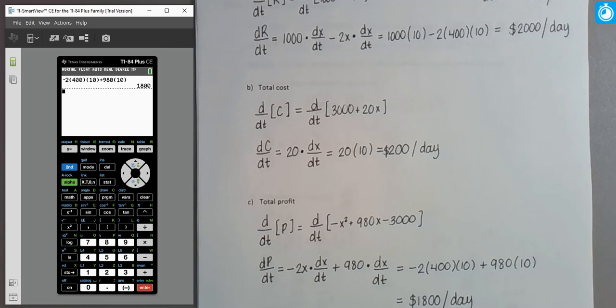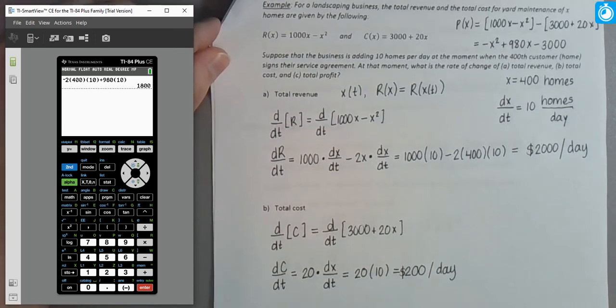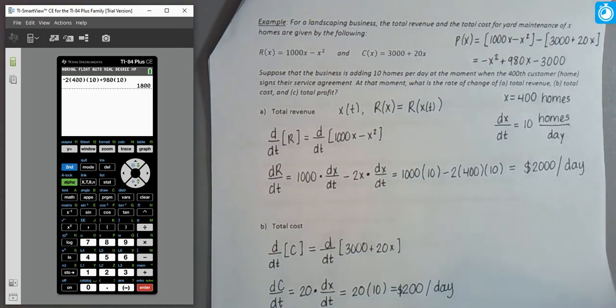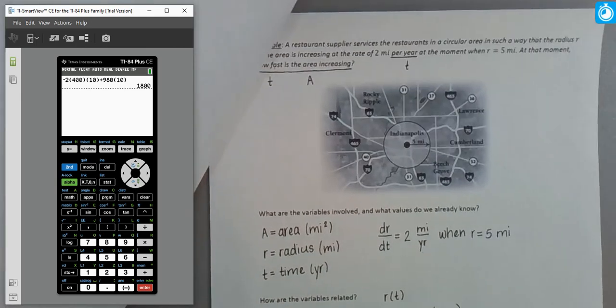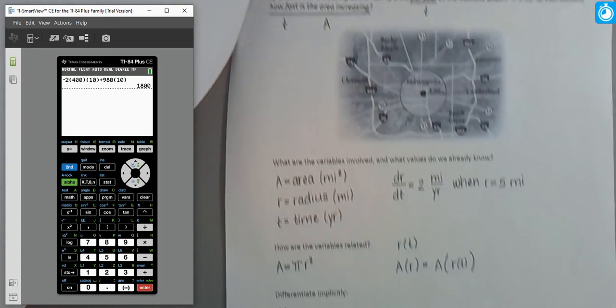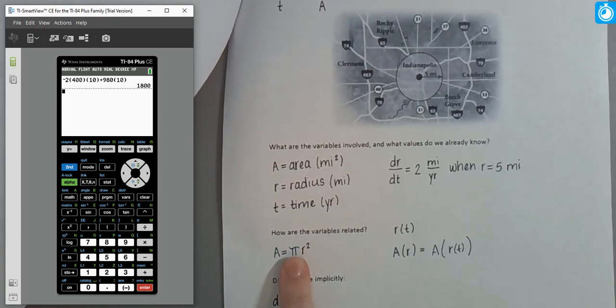You'll find with related rates problems, you end up with a really, really wide variety of different situations where they apply. So for this particular example, notice we were given the functions to start with, whereas with the previous example we did, we had to take the variables and we had to establish the relationship among them ourselves.